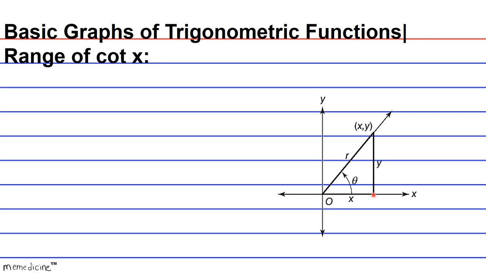The initial side ray ending at the x-coordinate is on the positive x-axis, and the terminal side ray ending at the y-coordinate has a magnitude of r, the measure of what looks like it could be a radius. It terminates in quadrant 1, so therefore it's an acute angle. An acute angle has a measurement between 0 degrees and the quadrantal angle 90 degrees.